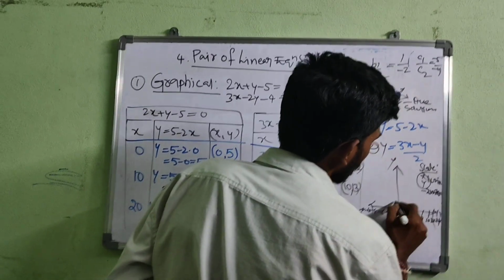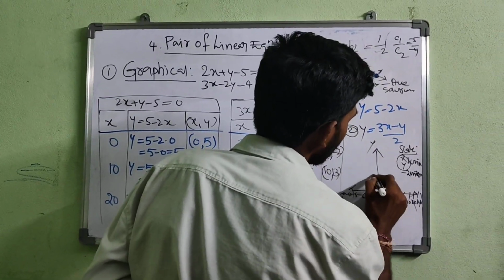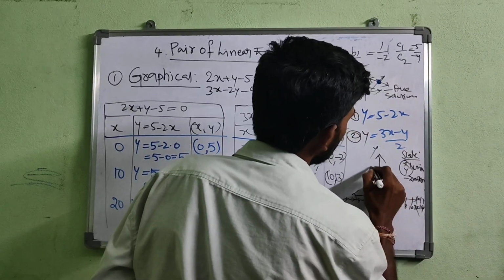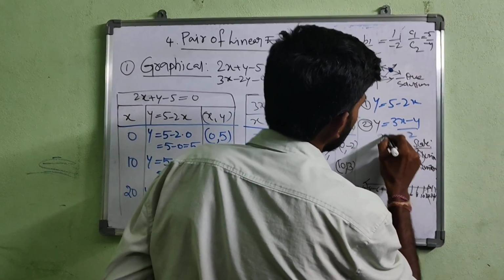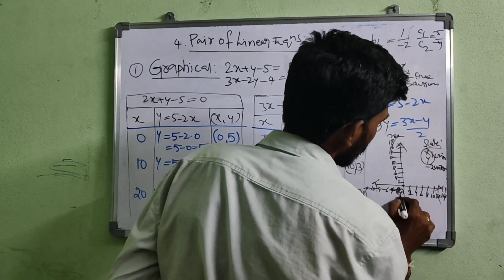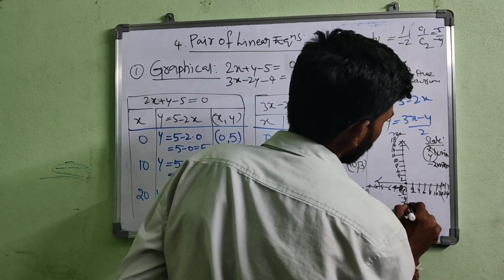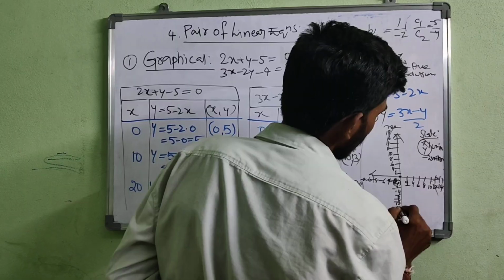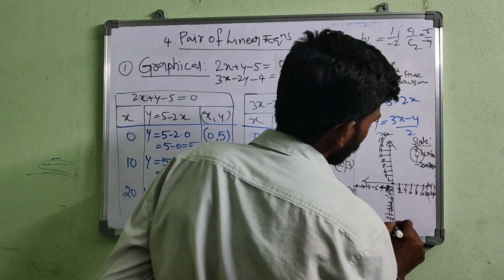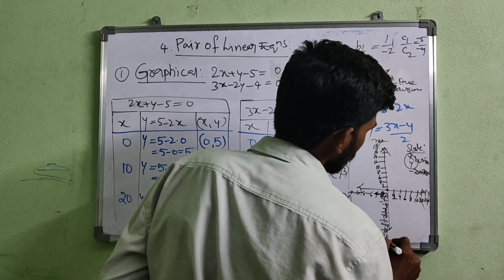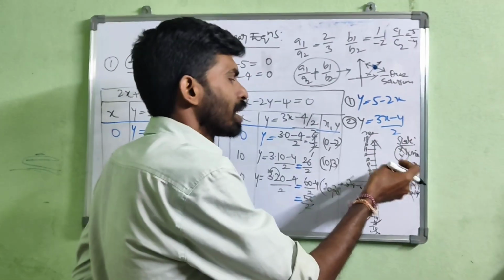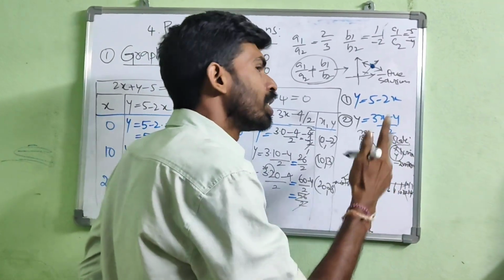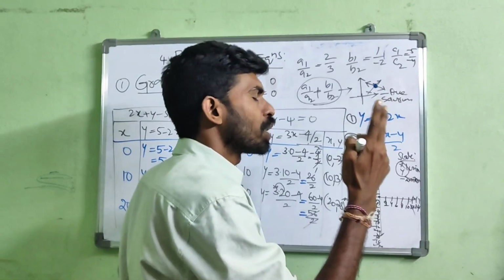Here also 2, 4, 6, up to 20, and minus 2, minus 4, up to minus 20, like this we can do. Or you can take the scales of both x and y axes as 1 box equal to 3 units.